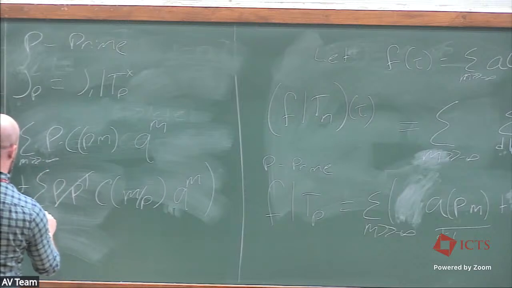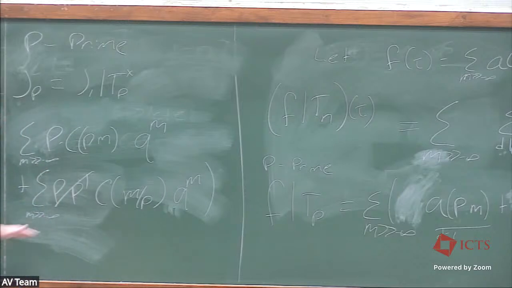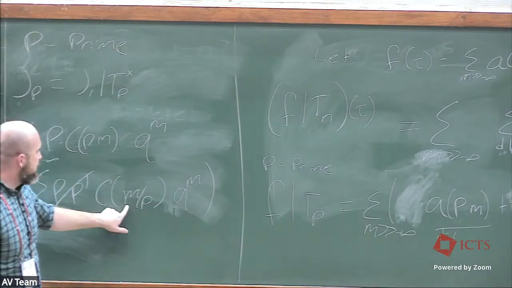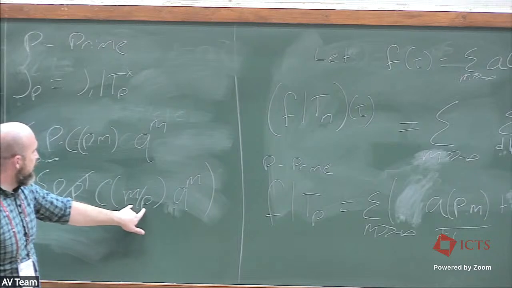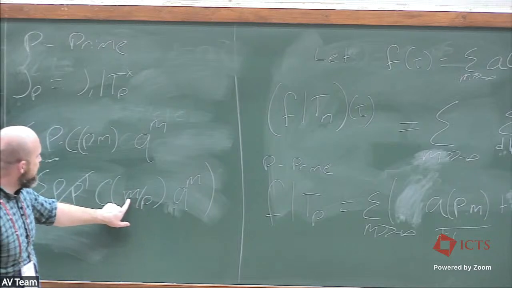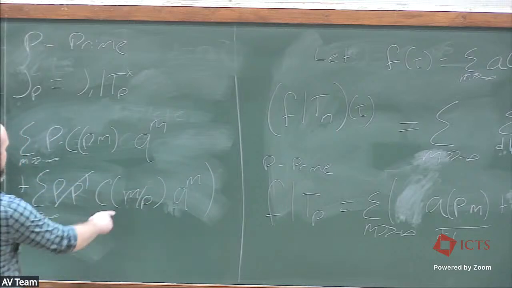Now this right here is a little obnoxious to look at. These coefficients, just by convention, we say are 0 whenever this is not an integer. So let me go ahead and rewrite this.